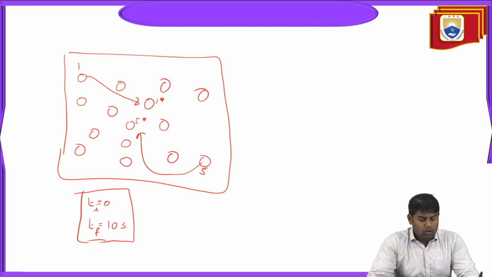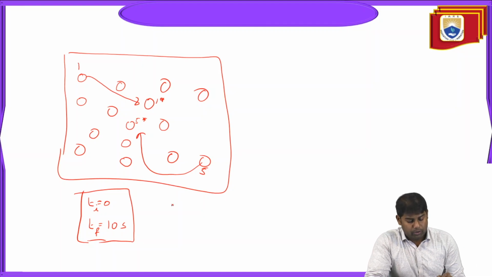Now, as time progresses, the collision between these molecules gives rise to a change in temperature, velocity, pressure, and density.